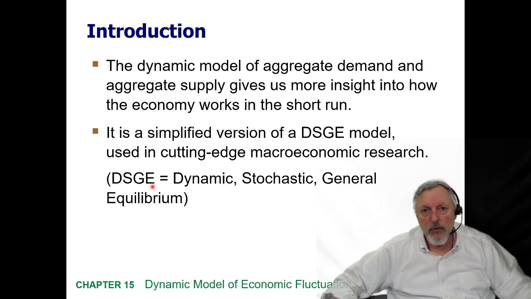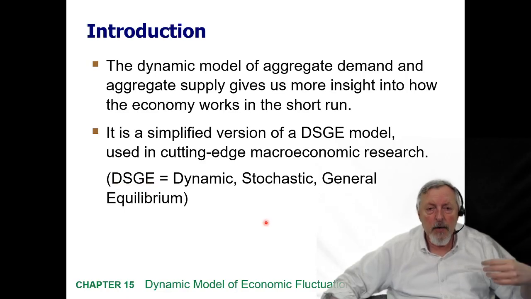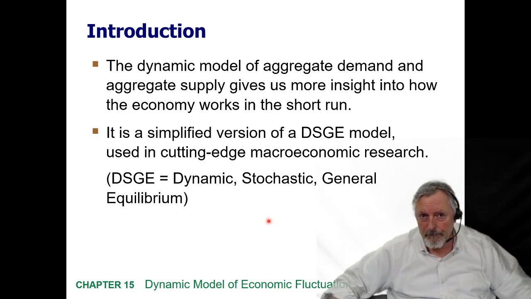GE, General Equilibrium. This means it's a model of the entire economy, not just of one market. It's a dynamic general equilibrium model, meaning it's a model of the whole economy, but that's dynamic. It shows how it changes over time.